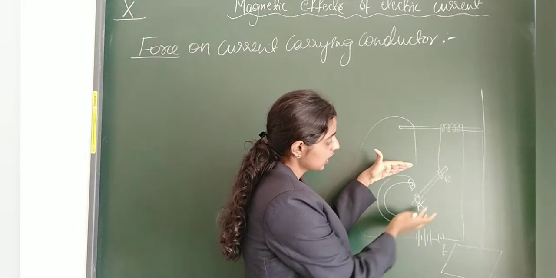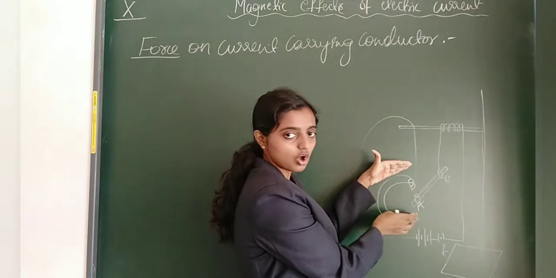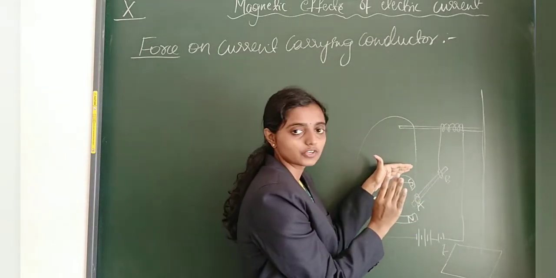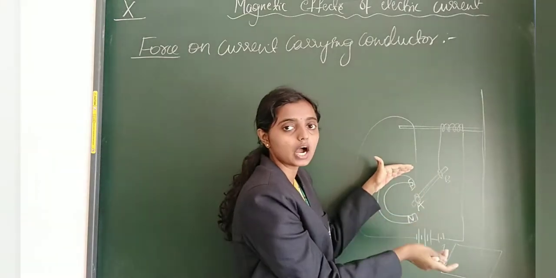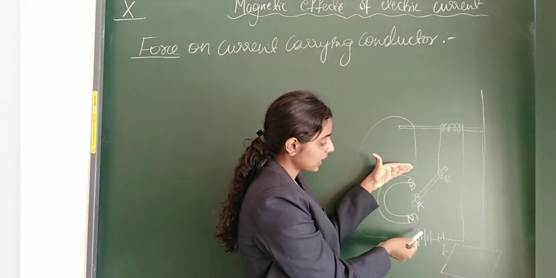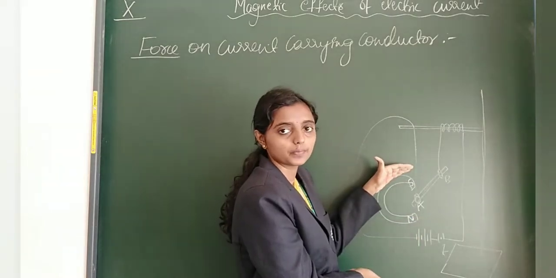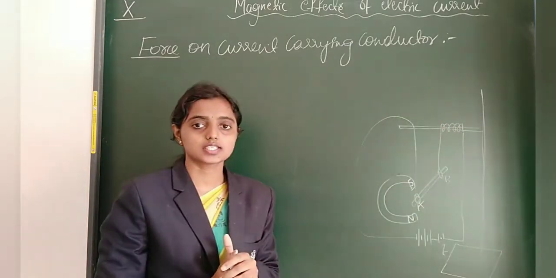Along with that, we should also make sure that the magnetic field is upwards. The magnetic field will be upwards when we place the north pole down and the south pole on the upper side. Based on that we made our experimental setup.